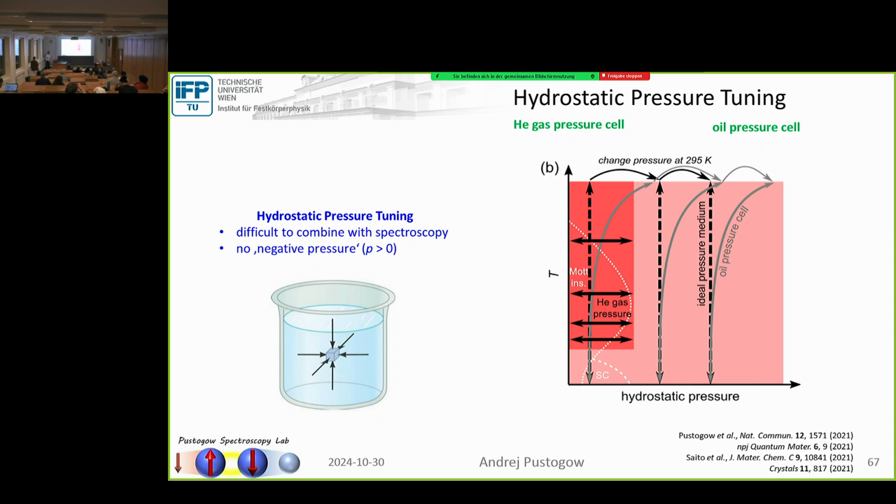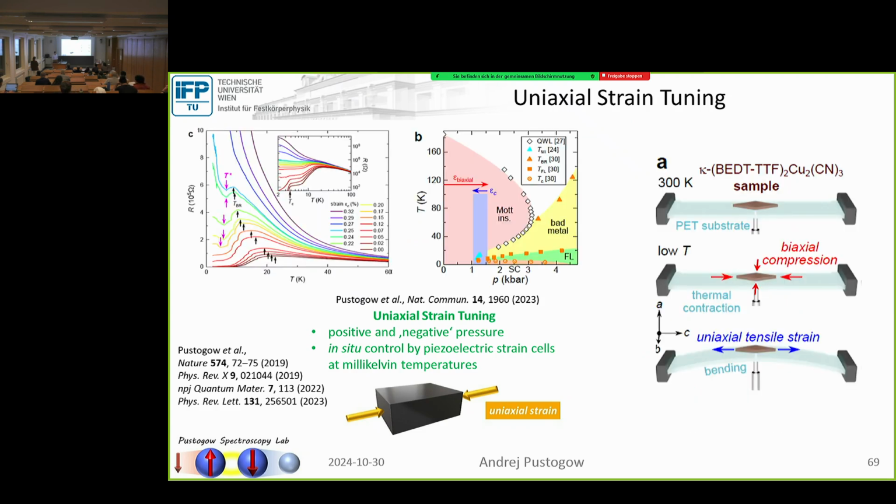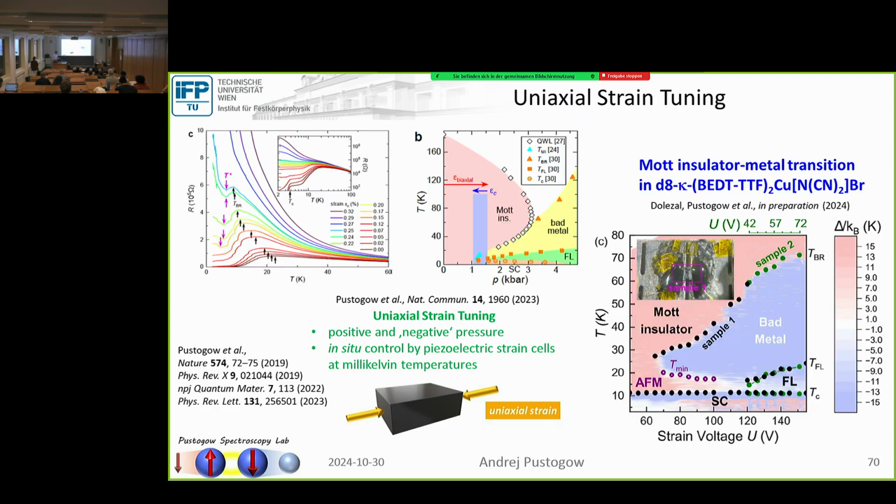There's just a pressure medium, like a liquid as we showed here, and they are just in this medium. But you are referring to the uniaxial strain experiments? I guess it was one plot where I changed the temperature from 200 K to 500 K. This was with oil pressure cells. This was on vanadium oxide.